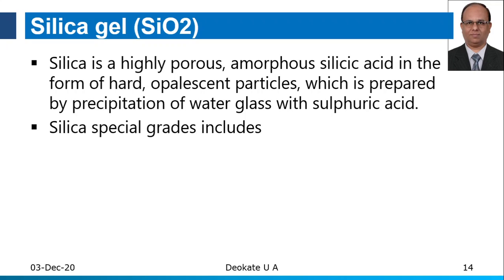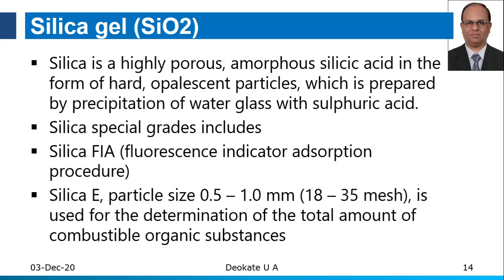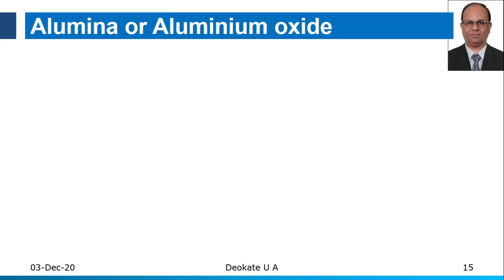Special grades include silica FIA, that is fluorescent indicator adsorbent. Then silica E, having a particle size of 0.5 to 1 mm, that is 18 to 35 mesh, is used for determination of the total amount of combustible organic substances, especially used for organic separations.